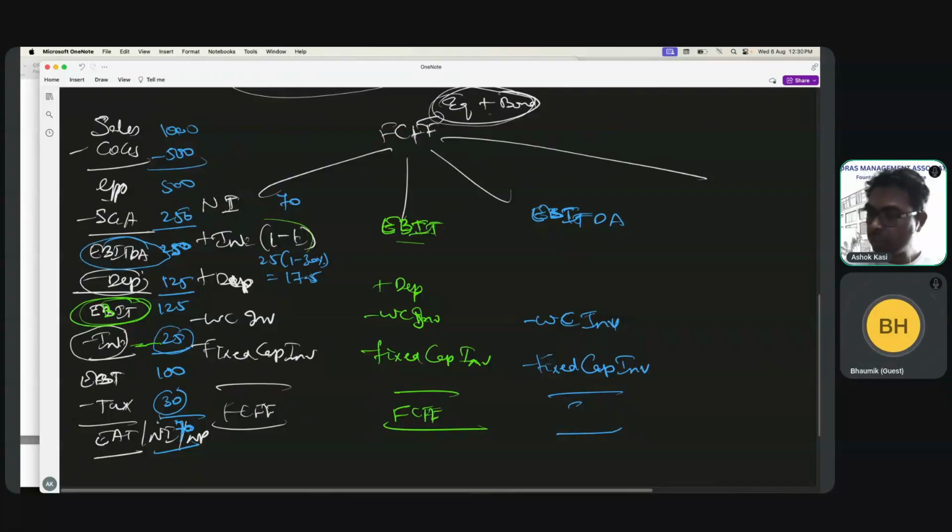Working capital and fixed capital are not given anywhere, so we will just take them on our own. Let's say minus 10 and minus 20.